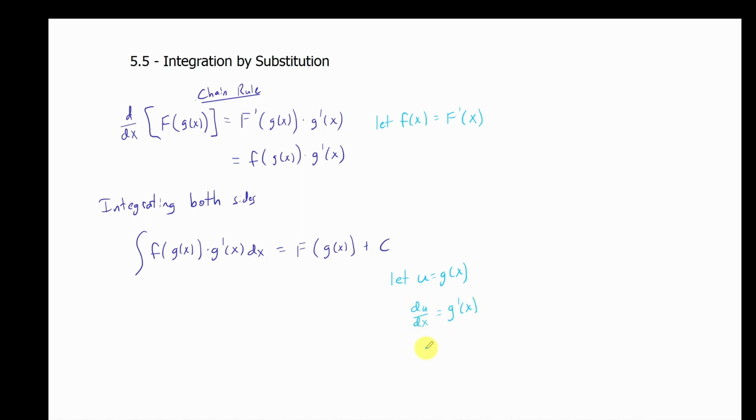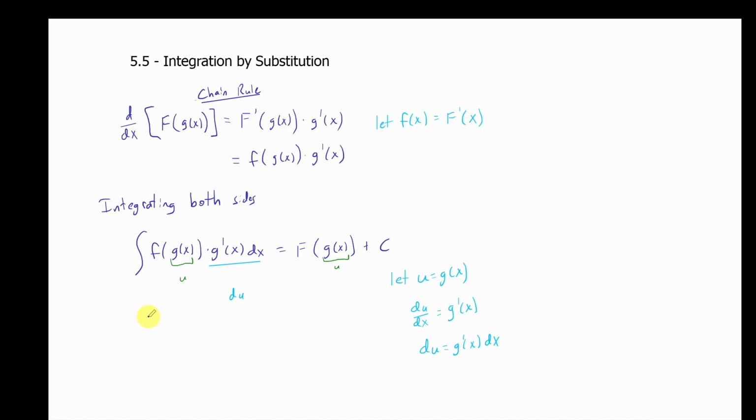So I'm going to multiply both sides by dx. So du is g prime of x dx. So I can say that this g prime of x dx is just du. This g of x I can write as a u. And this g of x I'm also going to write as a u.